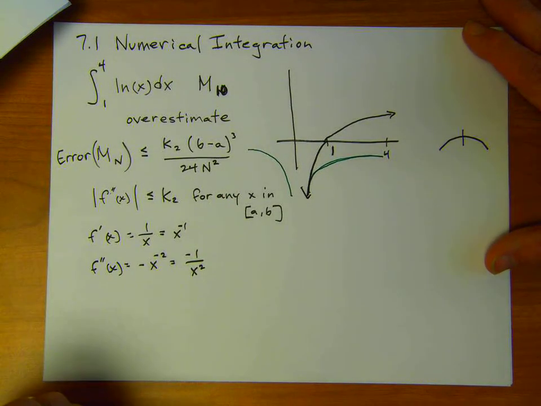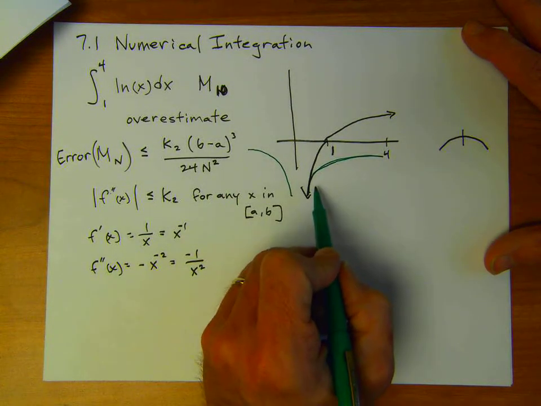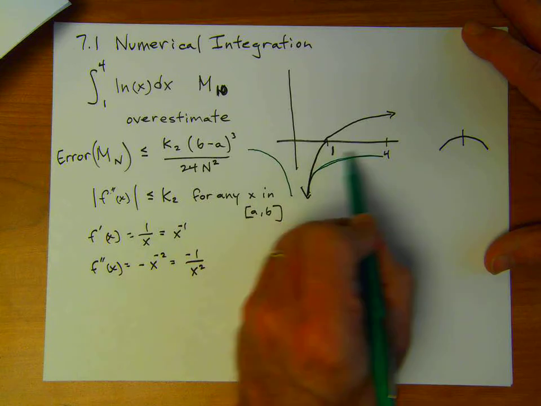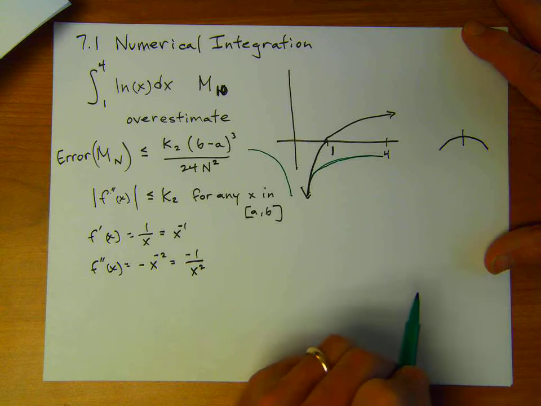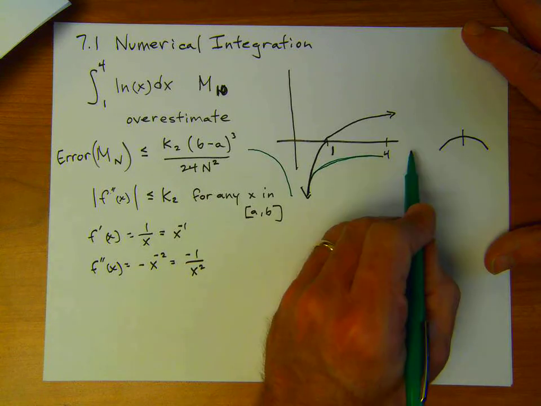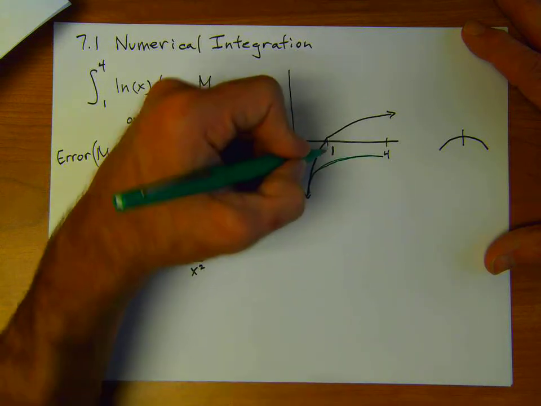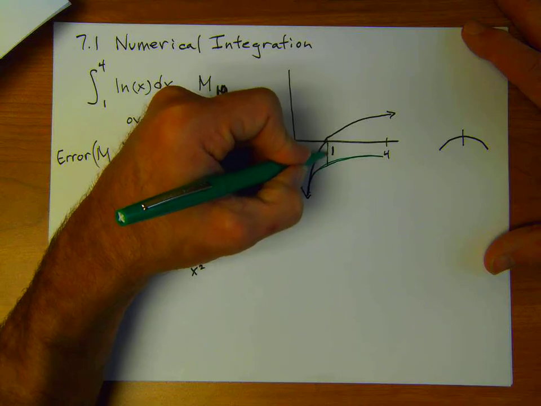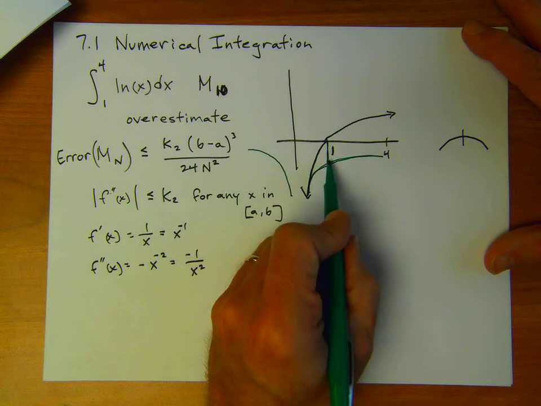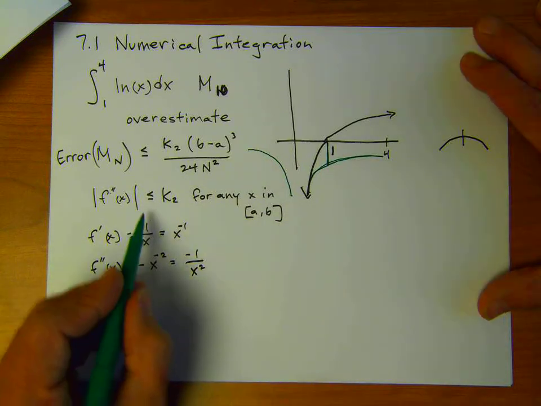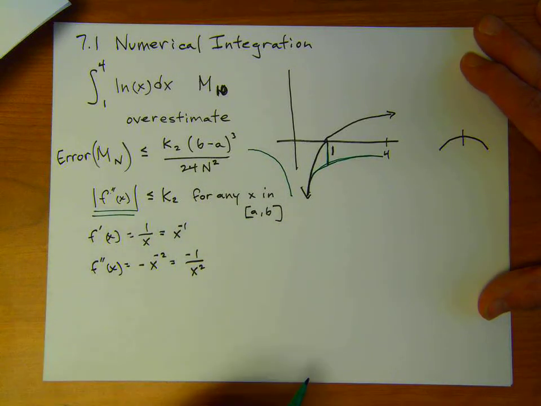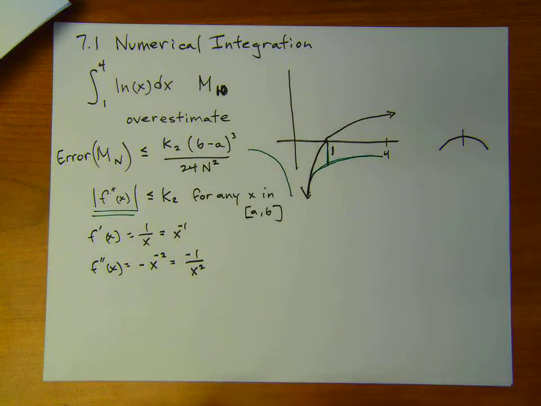It's like 1 over x squared would be up here, going like this, and it gets flipped over because of the negative. Well, we can see that along our interval from 1 to 4, this is an increasing function. So the farthest away it's going to get from the x-axis is right here, at 1, the left point, because it's increasing. What we want is the absolute value, the largest distance from the x-axis that the function gets.